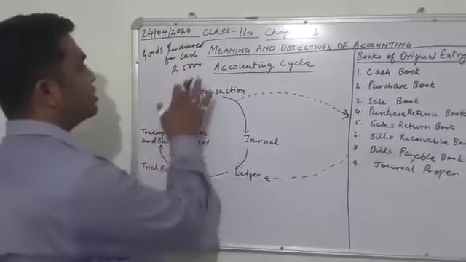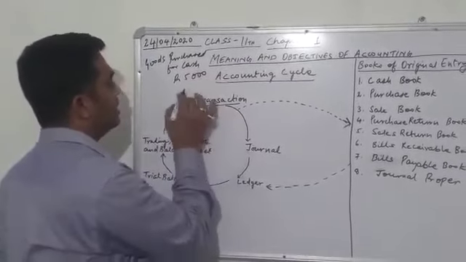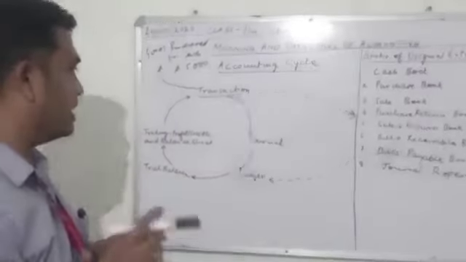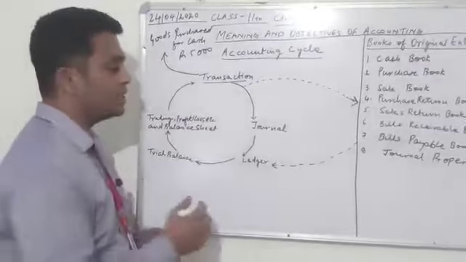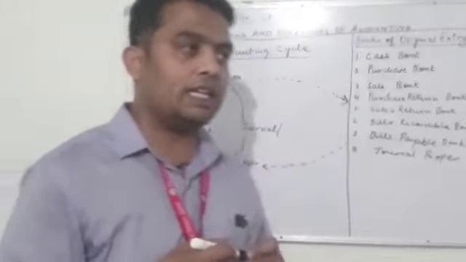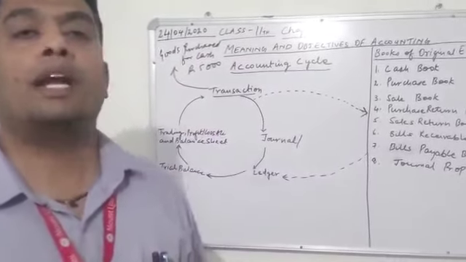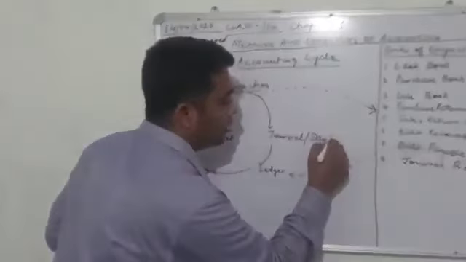That will be called a transaction. After the transaction, first of all, that transaction is recorded in a journal. Now a journal is a sort of diary, or you can say a memorandum book, but in accounting language it is also called a day book.